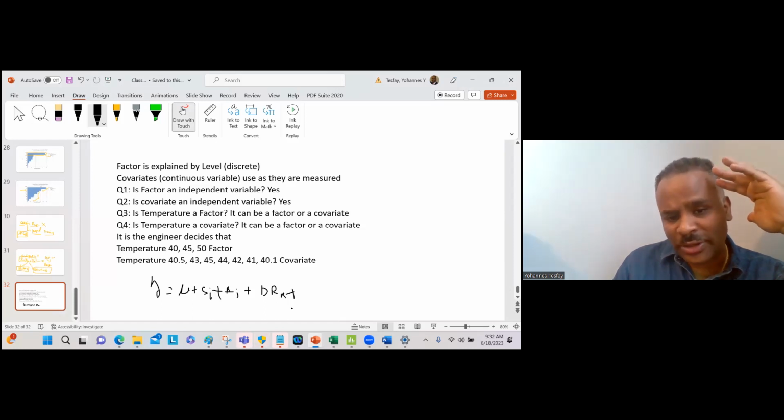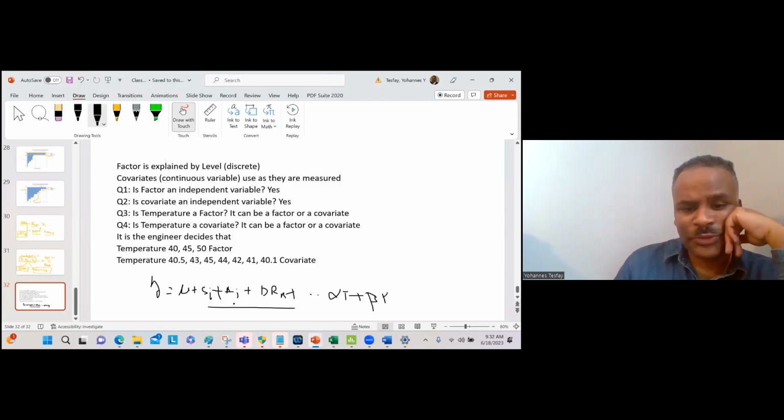These are all factors, plus alpha times temperature plus beta times, let's say, pressure, for example, if there is pressure, plus then a random error term comes. You see, those are factors, and these are covariates.